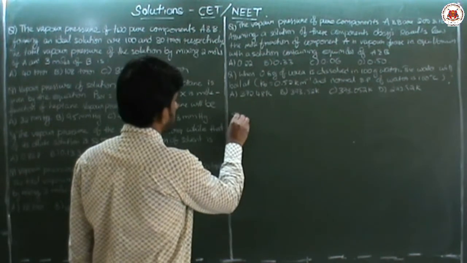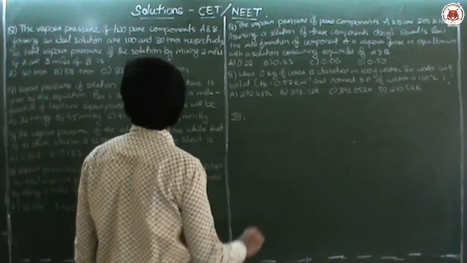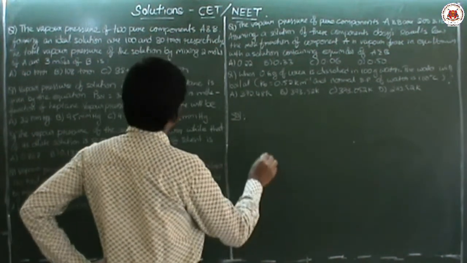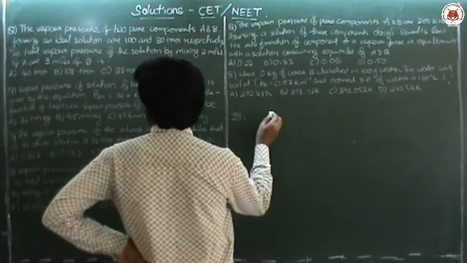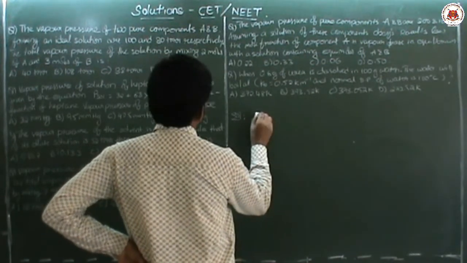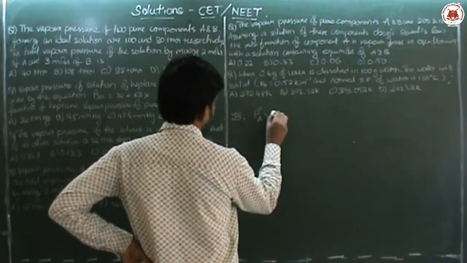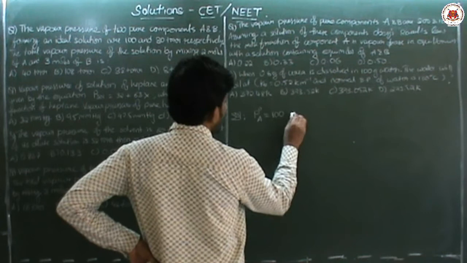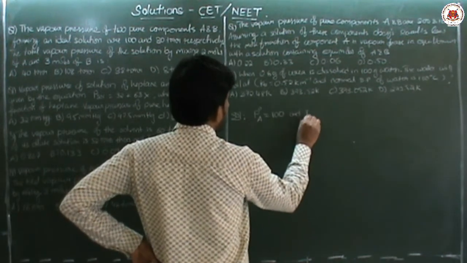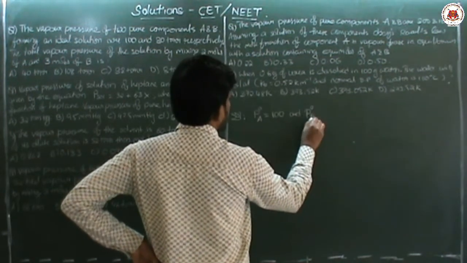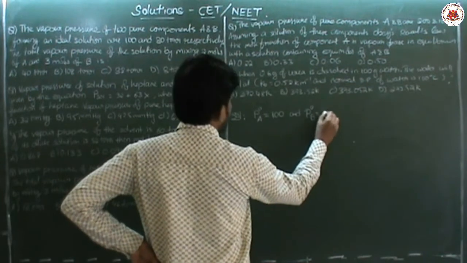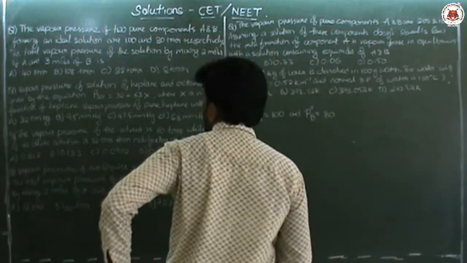Let's see what is given to us in the first case. Two components are there, component A and component B. Component A pure vapor pressure P naught A is 100 and component B pure vapor pressure is 80 torrs respectively.